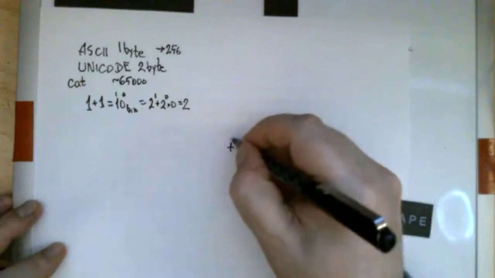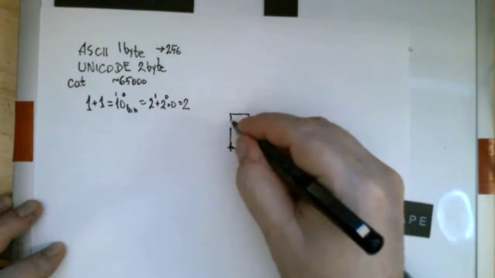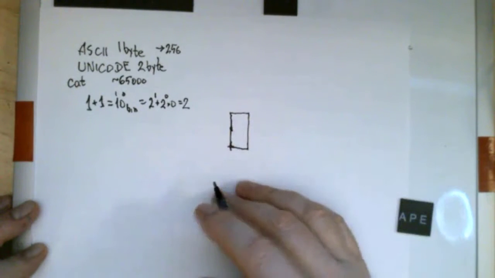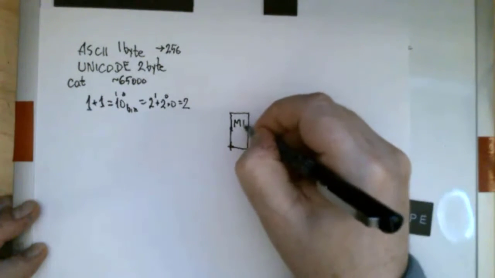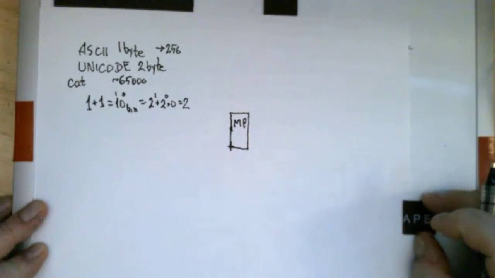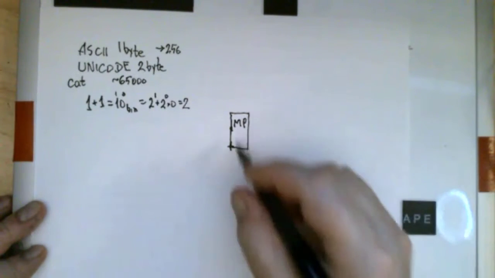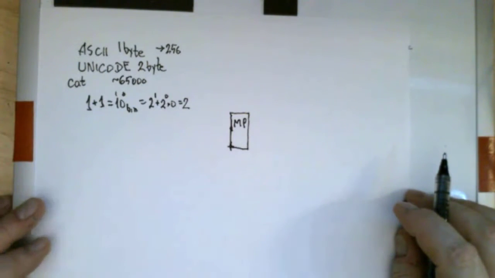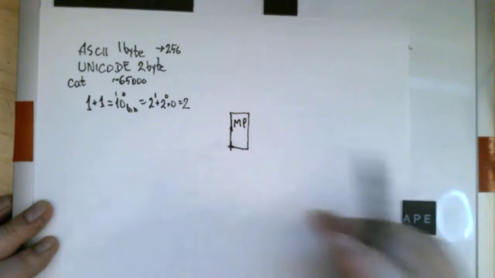But the device that was created in microelectronics to do all of these binary calculations is named the microprocessor. Unfortunately, I don't have it in my hands, but it is a microchip. Next time I will find it and show you. Folks, why is it named micro?